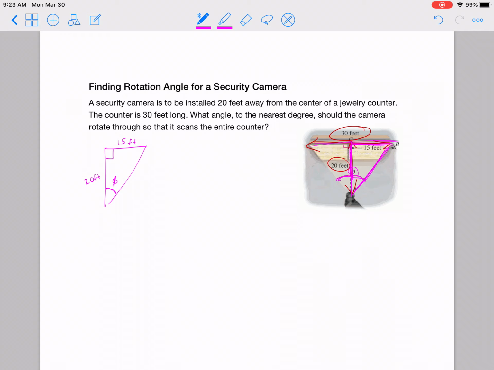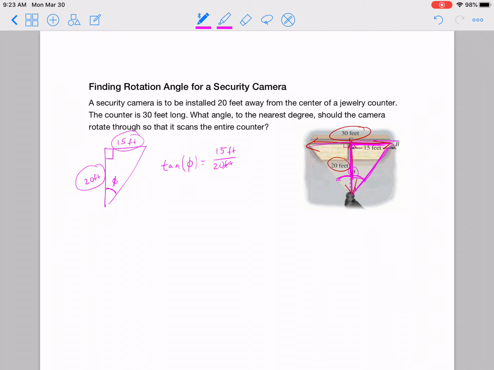And so basically what I want to know is what angle produces that. If I look at this, I know the two sides: the side opposite and the side adjacent, which means that's what goes along with tangent. Tangent is opposite over adjacent. So tan of phi is going to equal 15 feet over 20 feet.